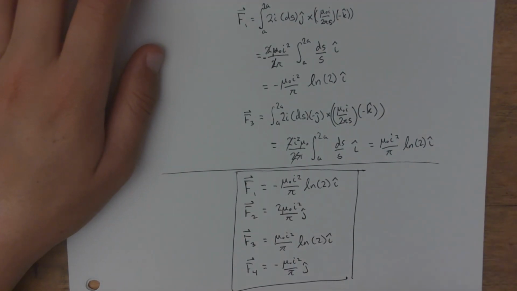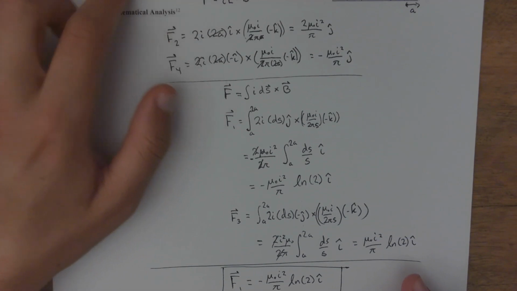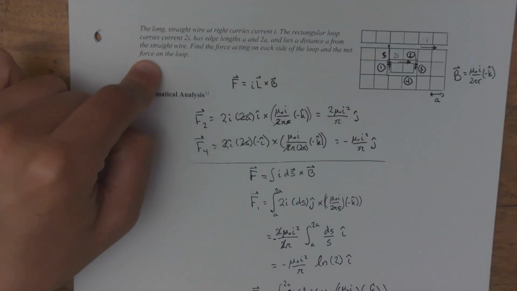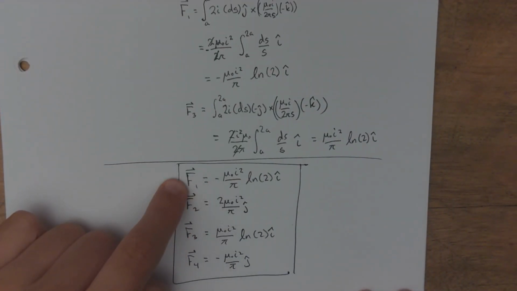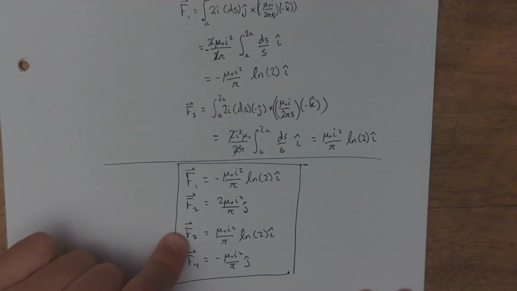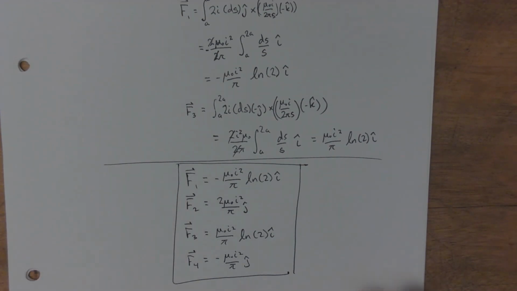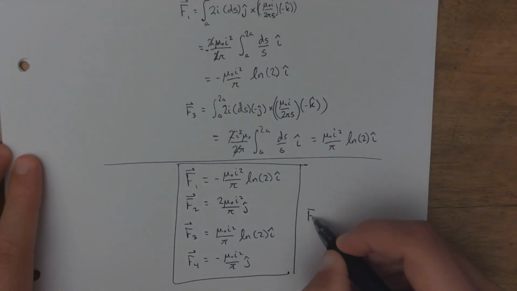So we have there the force on each side, and we want to find the net force. Watch this. Side 1 and side 3 added together give us 0. When I add the force on side 2 to the force on side 4, I do not get 0.